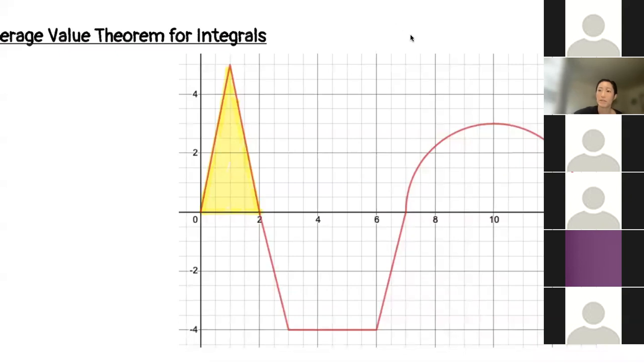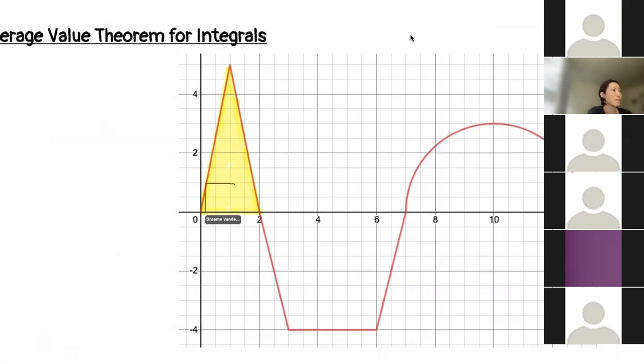So take a moment if you feel so inclined, maybe go ahead and try and draw a rectangle right on the screen here. What does that rectangle look like? I agree, rectangle is base times height, but I'm also giving you some specific information.